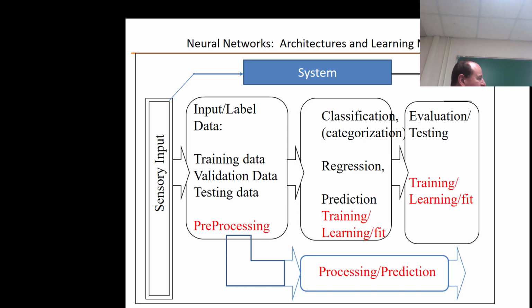And then they say, okay, use the training data and the validation data to give us a model. Sometimes you need to do pre-processing on this data. Some of the coding techniques reformat the data for whatever application you want. So there's a pre-processing step to massage the data and make it useful. Then you have the approximator, whether it's classification for categories or regression or prediction.